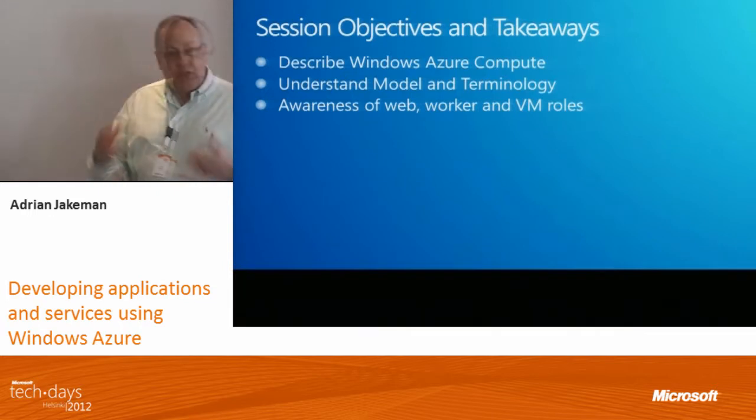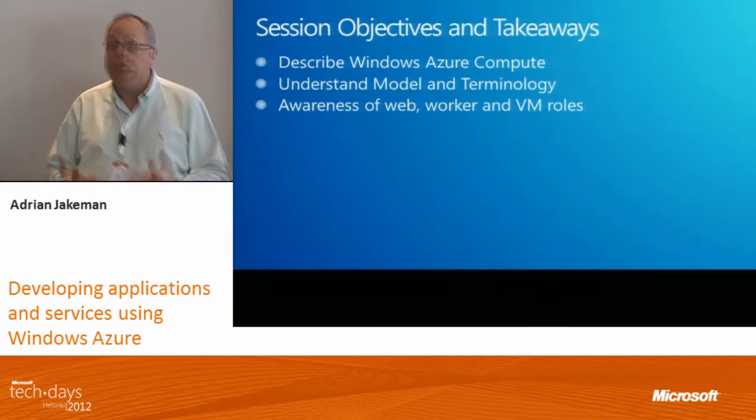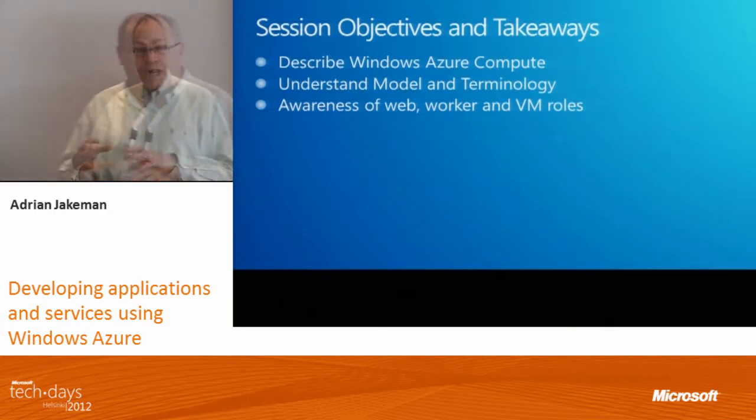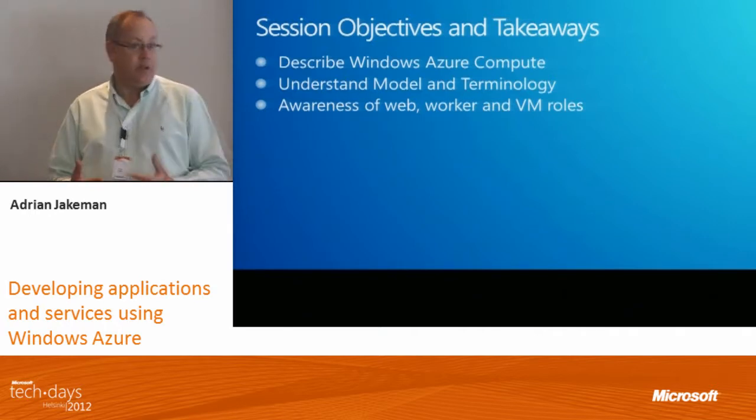Understand some of the terminology and some of the way in which we write applications for Windows Azure, the models that we have to use, and in particular have an awareness of the 3 different roles that exist in the Windows Compute space.